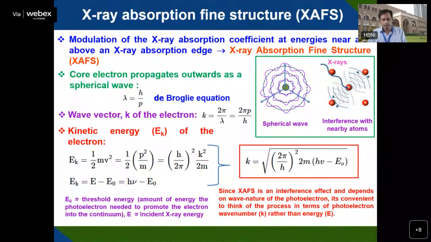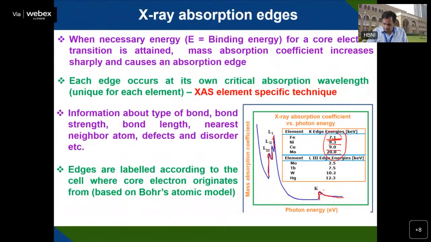In X-ray absorption spectroscopy, what happens is the modulation of the X-ray absorption coefficient at energies near and above an X-ray absorption edge. This is the absorption edge of that particular material, and here is the L absorption edge.